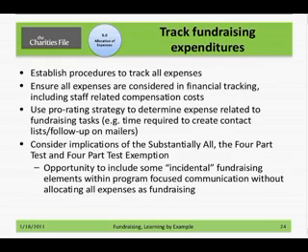Tracking fundraising expenses. Any of the accountants that we've worked with really recommend that you set up your accounting record-keeping processes to make it easy to track expenses. Lots of times expense categories overlap, so you might have expenses for charitable programs or administration and management or fundraising.